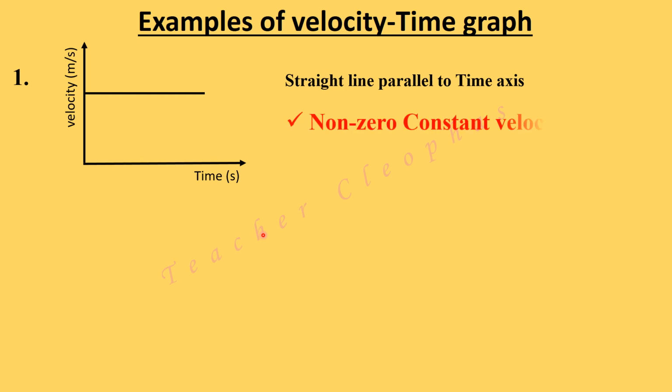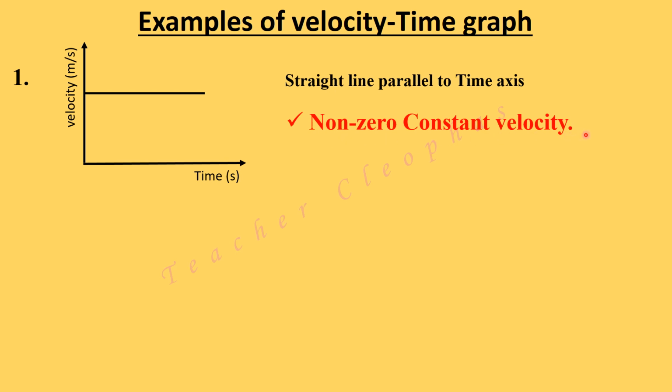One thing that it tells us is that this velocity is not changing. Therefore, we can say it is constant velocity. Another thing that we can see is that it is not zero, and therefore the body that is represented using this graph has a non-zero constant velocity.